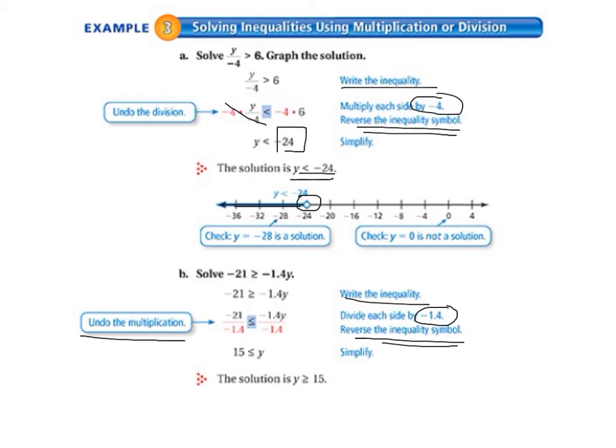So when we do that, our negative 1.4's on the right go away, leaving us with just y, and negative 21 divided by 1.4 is 15. So the solution is y is greater than 15.